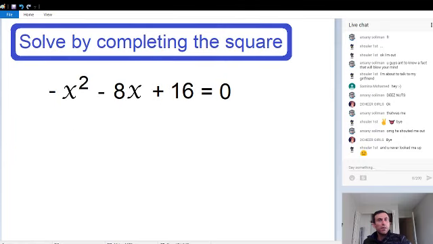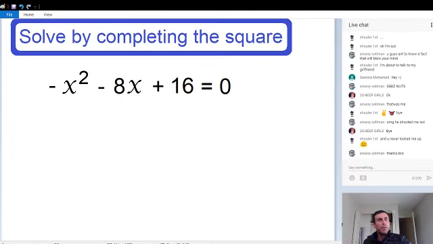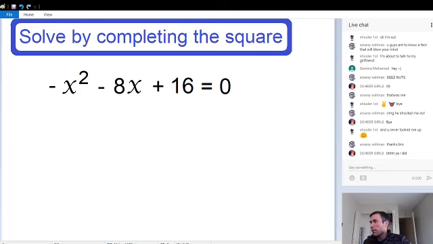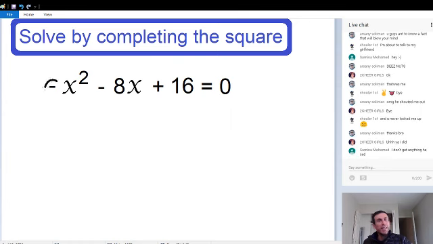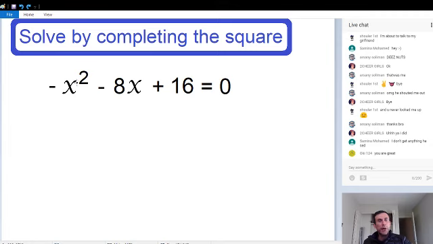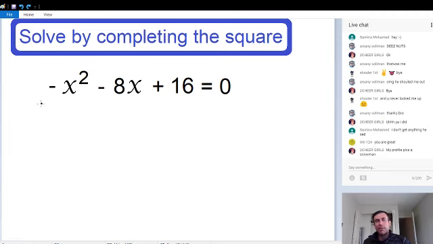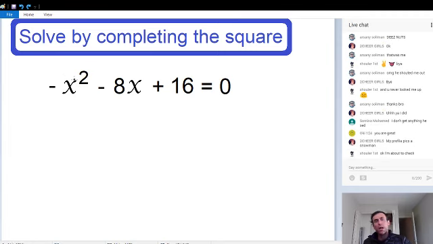All right, it says solve by completing the square. And the reason why this one is a little bit different than the problems we did before is that we have a negative sign in front of our x squared. Because we have this negative sign in front of our x squared, we need to change it so it's a positive x squared. You can imagine that there is a 1 in front of this x squared.